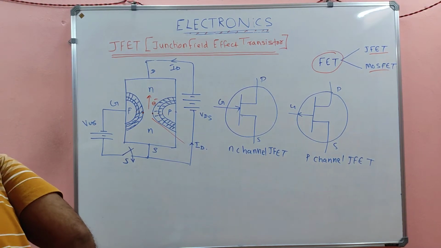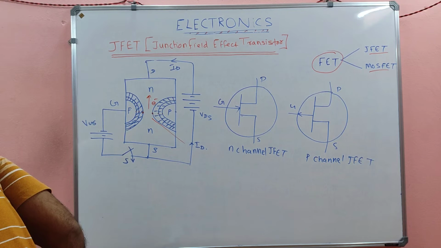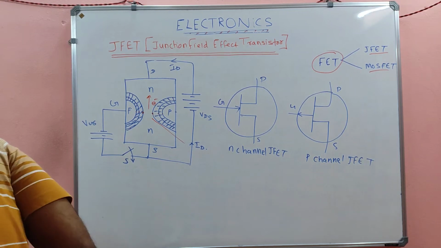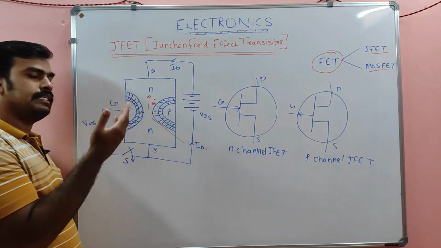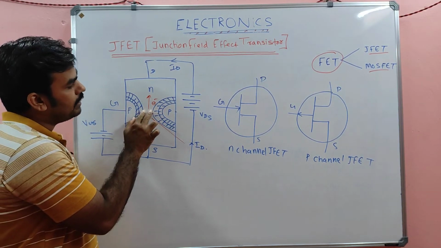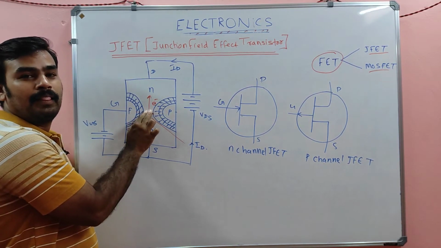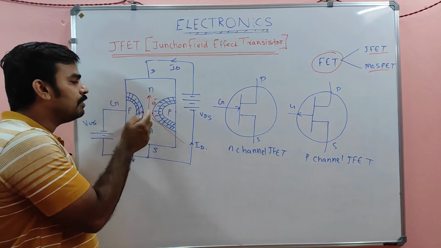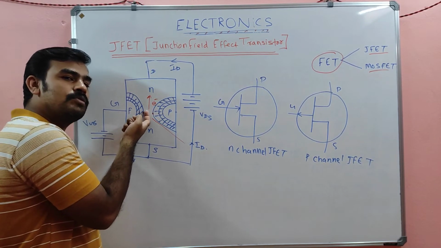That is why the name, my dear, junction field effect transistor. And again we are increasing the VGS. This will again come into contact, and finally these two depletion layers will touch, and at that point there will not be any channel for the flow of electrons.